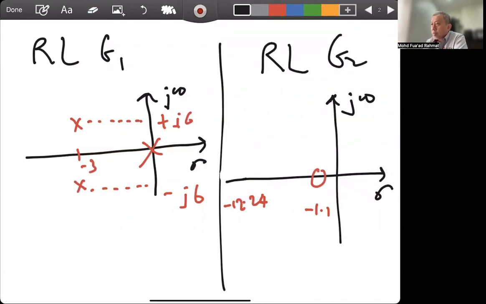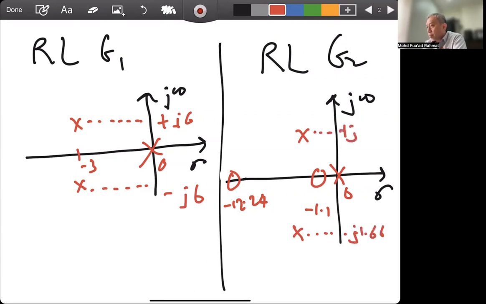Zeros, and the pole is zero, and minus 1.5 plus J 1.66, more or less is over here.